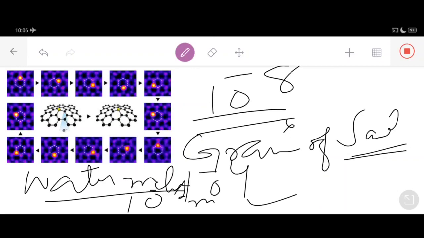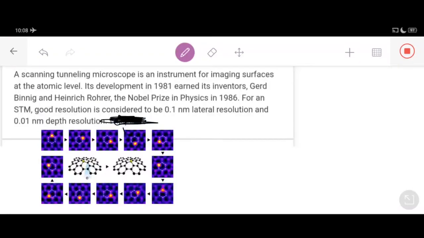For that we have to study a microscope. That microscope is called the scanning tunneling microscope. Let's discuss the scanning tunneling microscope, my dear students. STM, scanning tunneling microscope.